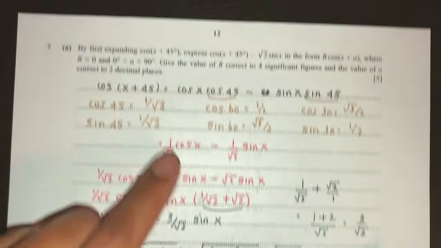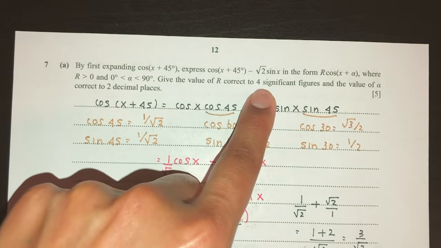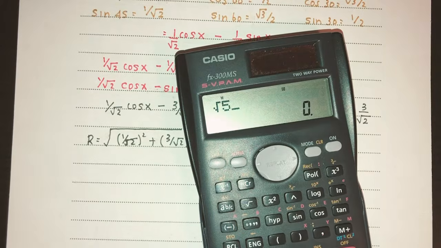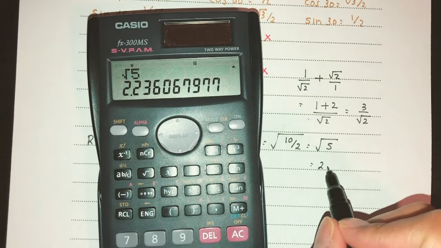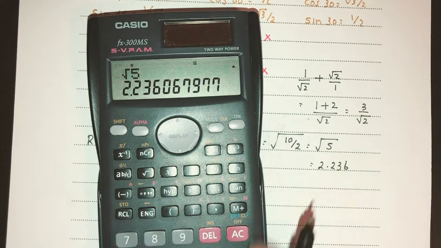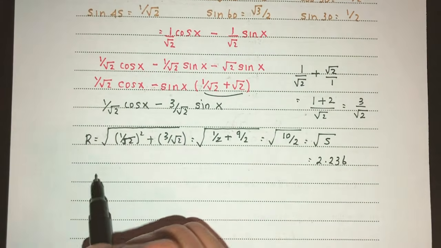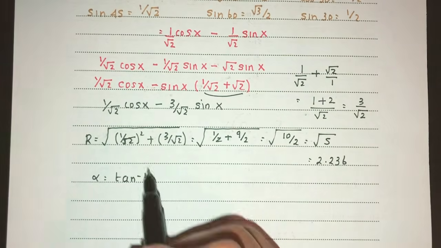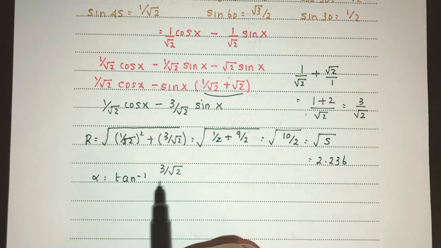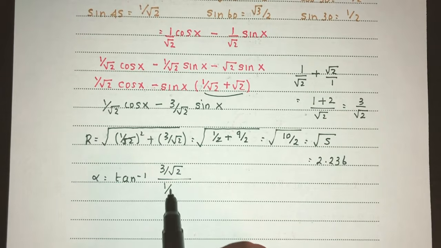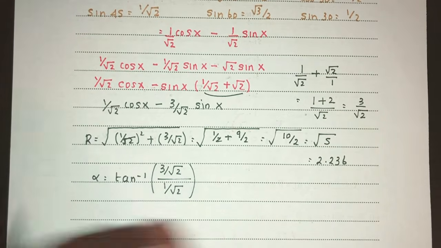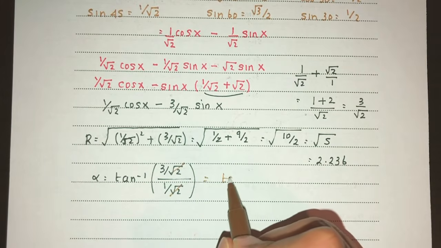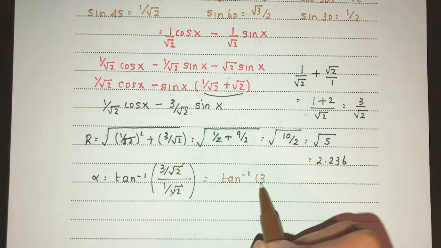Now, based on the question, it tells you to give the value of r correct to 4SF. So you have to provide that to 4SF. Root of 5 will be 2.236 to 4SF. Okay. Now to find the value of alpha, that will be tan inverse of this value right here, which is 3 over root 2, divided by this value, 1 over root 2. Now since both are over root 2, they can just cancel out. That will give you tan inverse of 3.